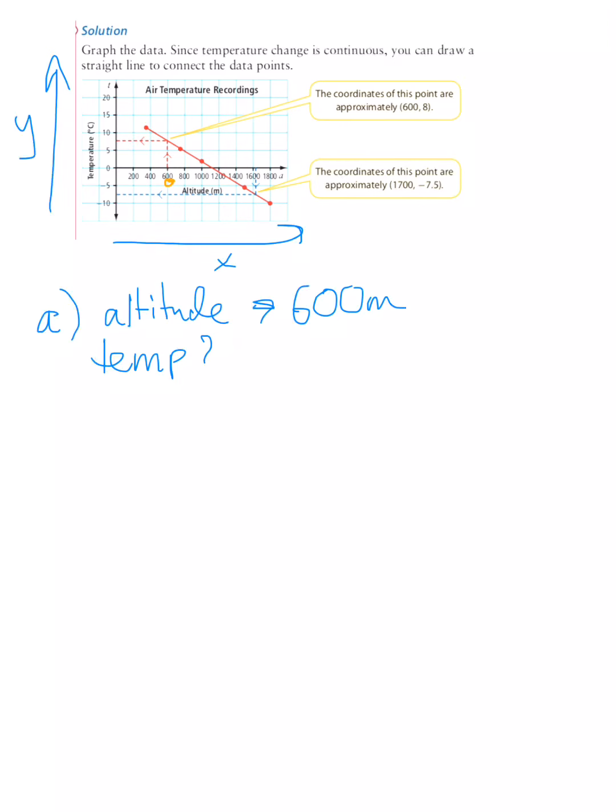So even though there's no point directly on 600 meters, we can sort of find where that point would be and then draw it as best we can over to the y-axis. So you see that red dotted line takes us over to the y-axis, and if we estimate, what does that look like? Well, it's right between 5 and 10, so we can say the temperature is about 7.5.